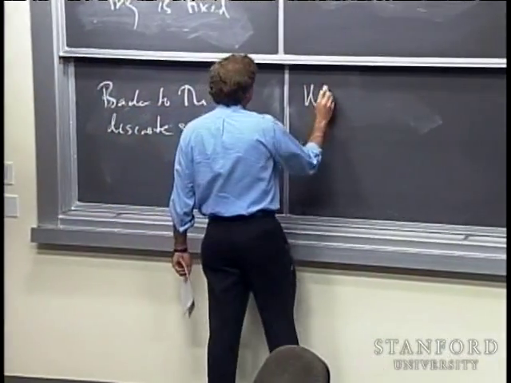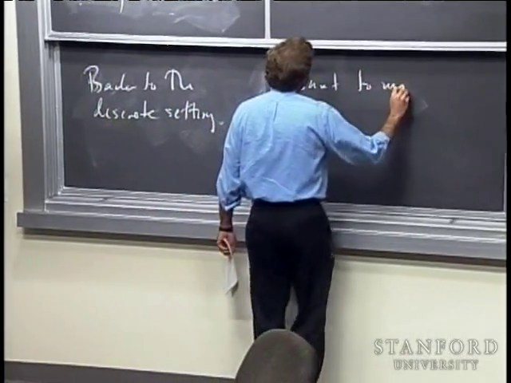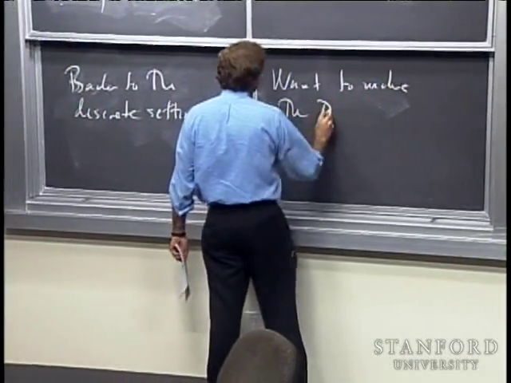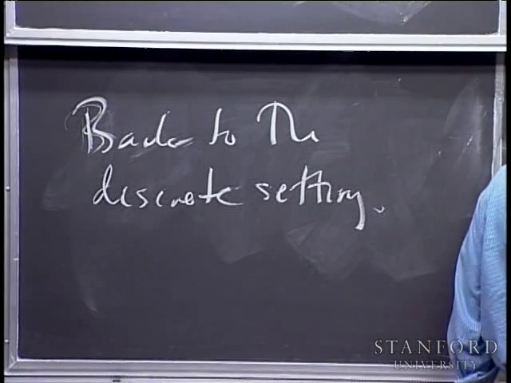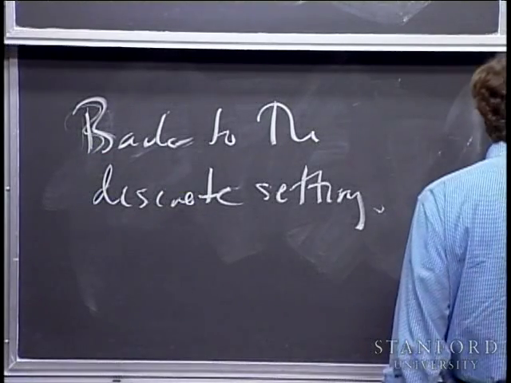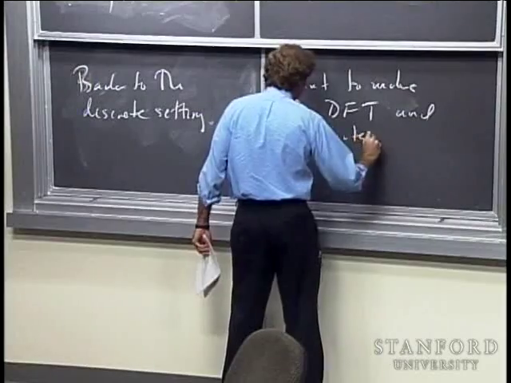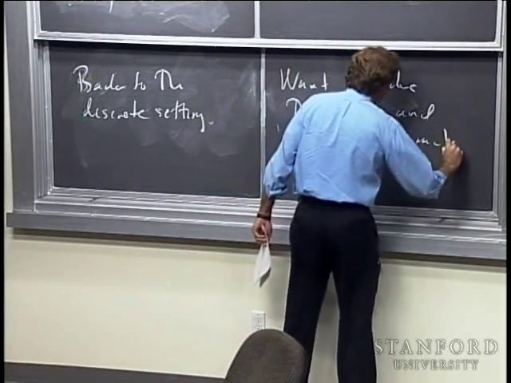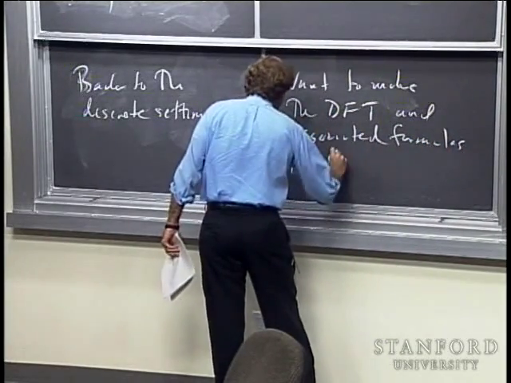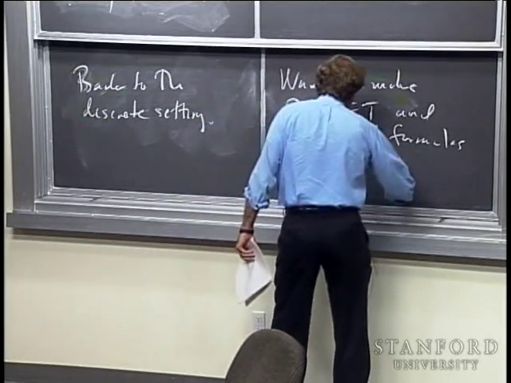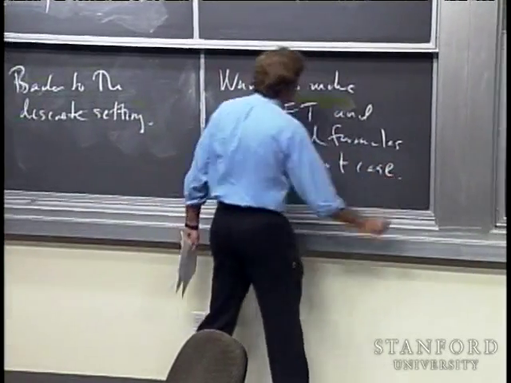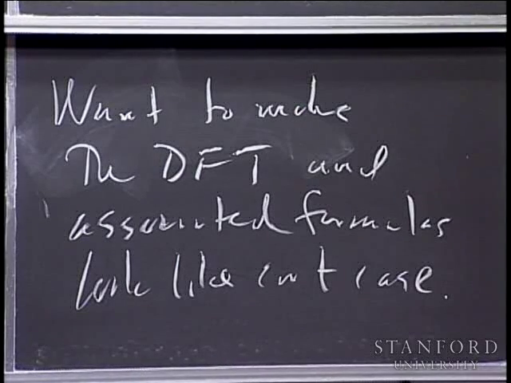I want to make the DFT and associated formulas look like the continuous case. So maybe I should say we're not really abandoning the continuous case, but we're situating ourselves firmly in the discrete side of things.